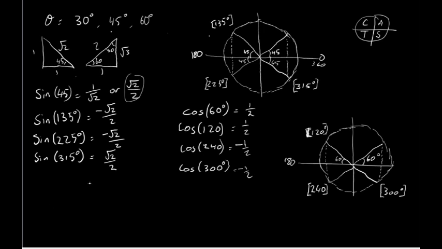So we're talking about angles here in degrees, and really we're starting to look at radians. And essentially they're the same thing, it's just a different way of talking about it. So sine of 45 is the same as pi over 4.